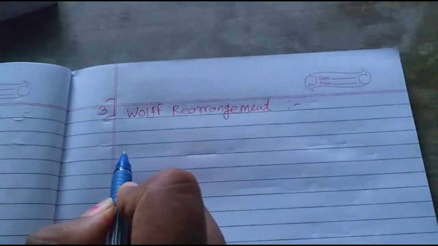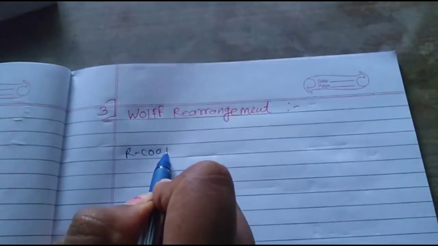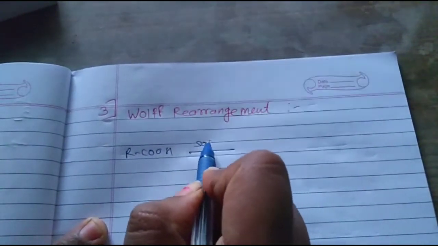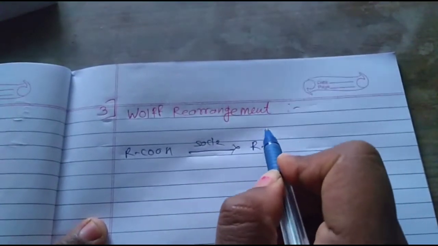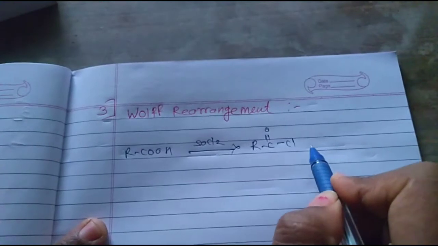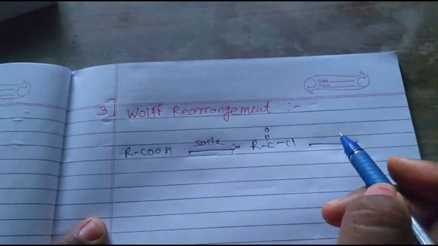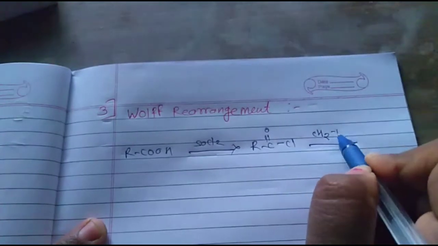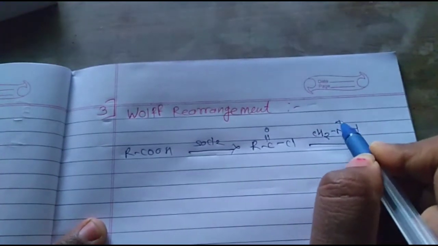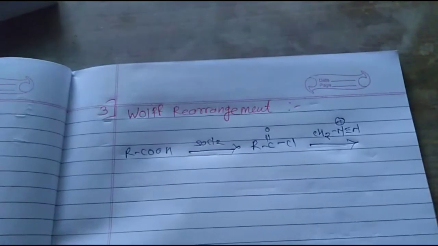Here the acid is reacted with SOCl2, and there is a formation of RCOCl. After this, there is a reaction with the diazo compound, that is CH2N2. Then what happened here?